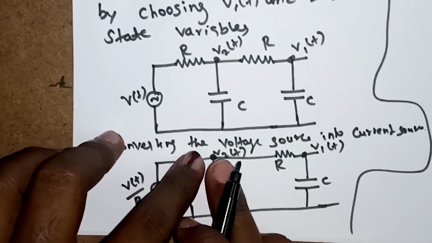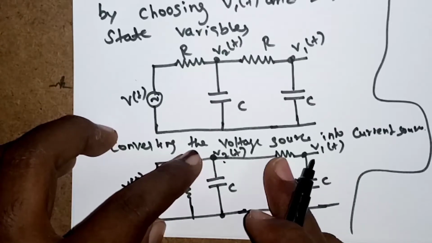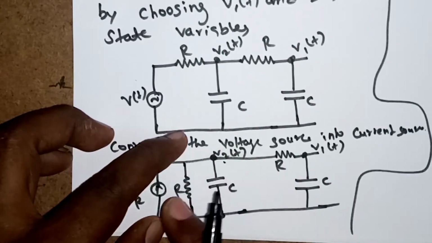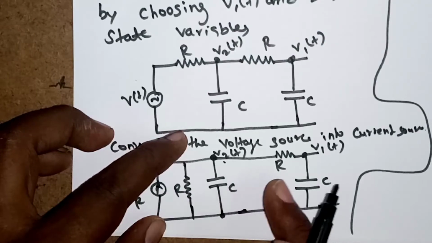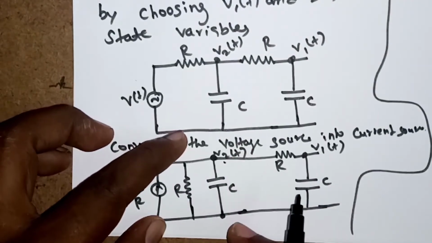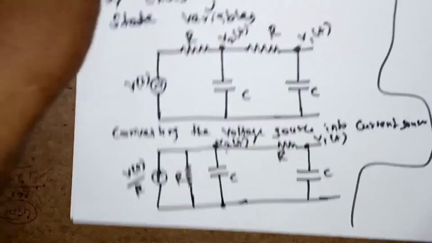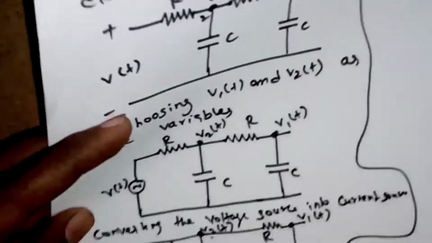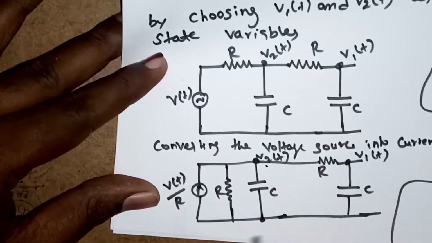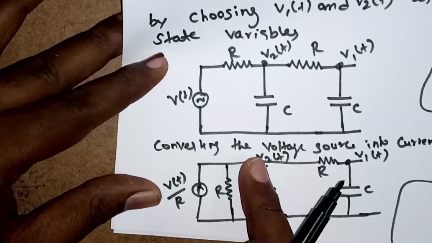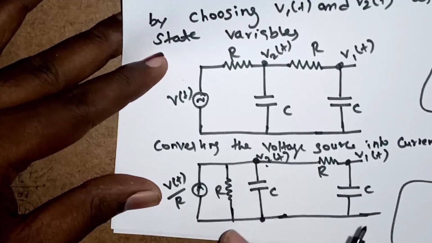(V2 minus V1) by R plus V2 by R plus C into dV2 by dt is equals to V(t) by R. Okay, sum of the currents entering into the node is equals to sum of the currents leaving from the same node. See here, current entering into the node is this one and leaving currents are this one.